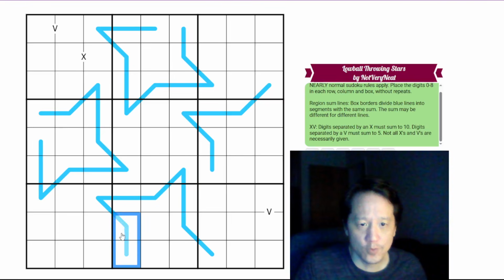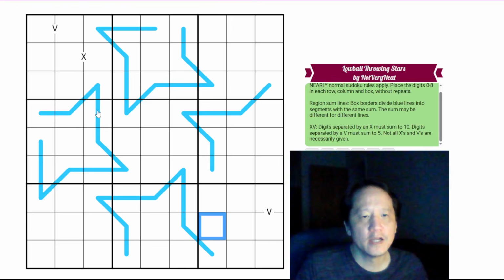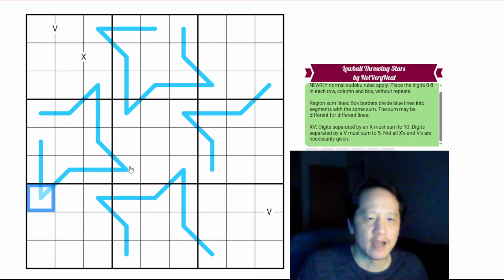Okay, so for these stars, these are very interesting stars. Again, like I said, the breakdown of the sums on these lines is that these have to be the same digit. The reason why we know that is because they have to equal the same sum, and there's only one digit.